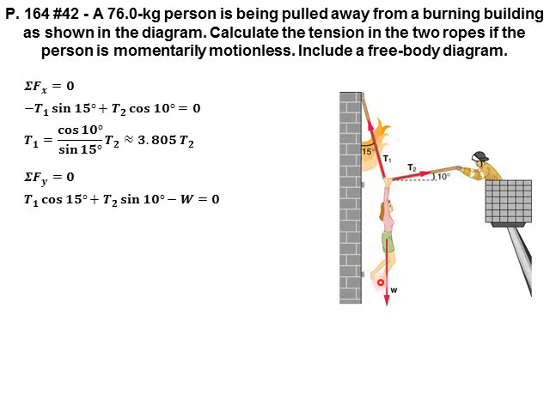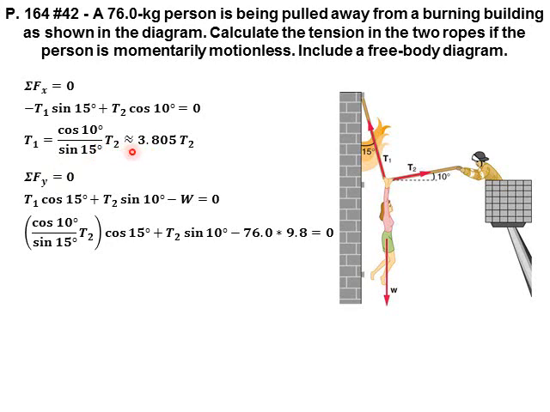And then we have the weight downward, and the weight is not given, but we do have the mass of the person, so we can use the mass times 9.8 in order to find her weight. So tension 1, we already figured out, is going to be equal to 3.805 tension 2, or cosine of 10 over sine of 15.